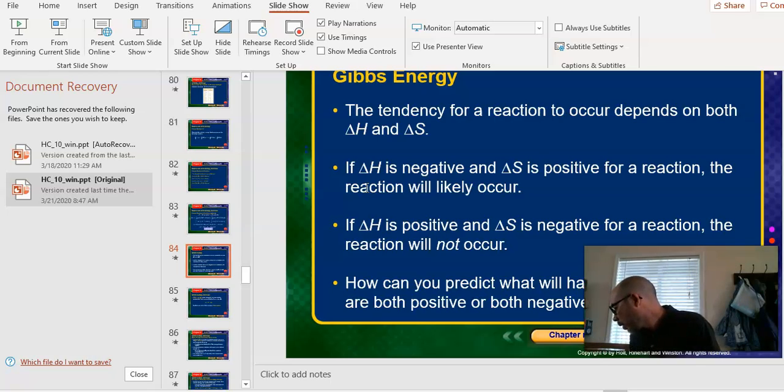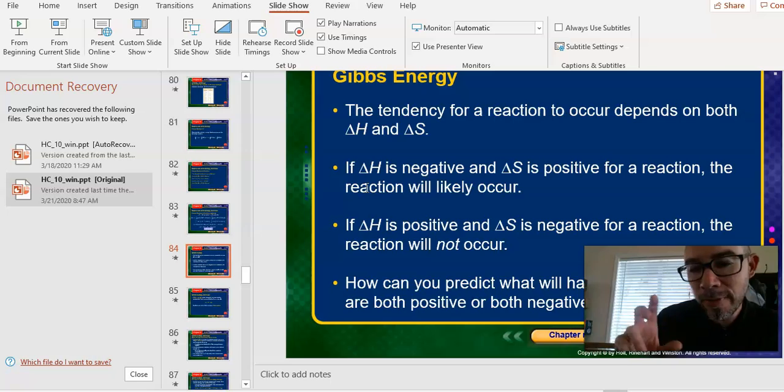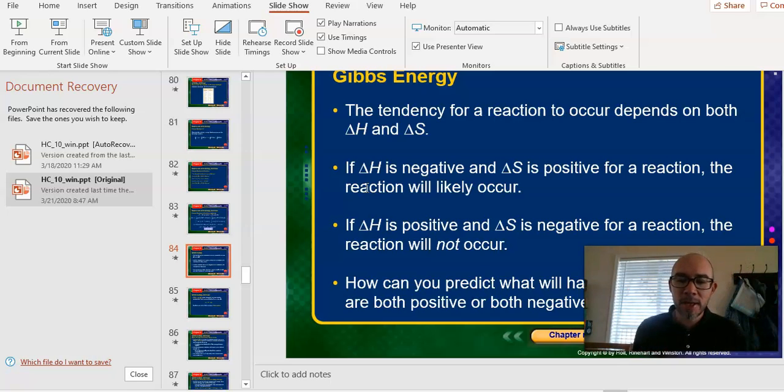Josiah Willard Gibbs, professor at Yale University, answered the question of what happens when different values of delta H and delta S are positive or negative. Is that going to make something more likely to occur or less likely to occur spontaneously?